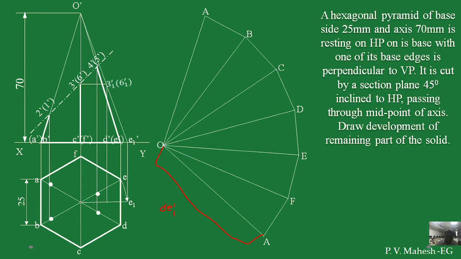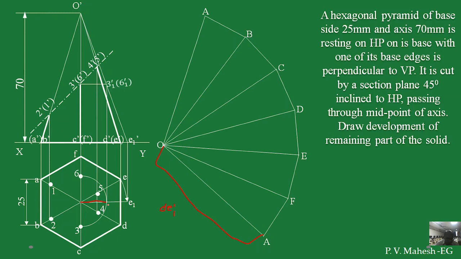Now with O as center and O3 as radius, I have drawn an arc, so that I will get 2 points. In this way I will get points 1, 2, 3, 4, 5, 6 in the top view.